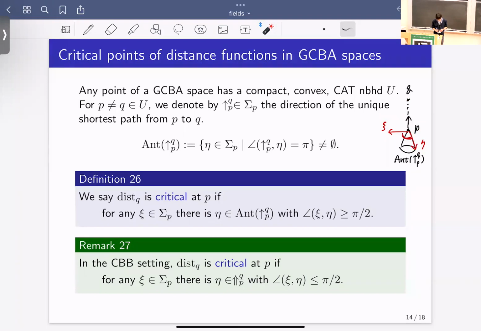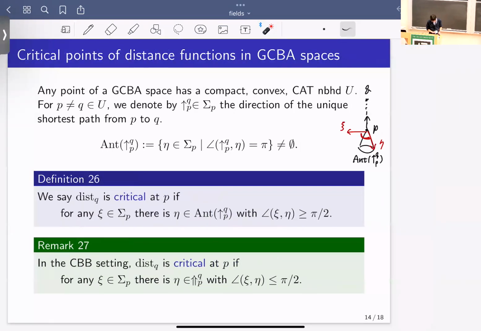And here is the definition of a critical point in the CBB setting that I gave earlier. Instead of considering the set of directions from P to Q, we consider the set of antipodes for the unique direction from P to Q. Okay. So you can find some duality between these two definitions.